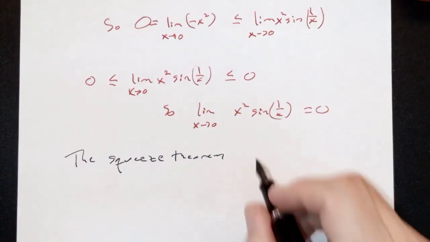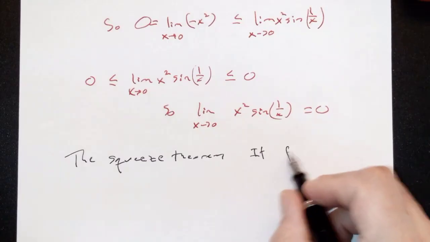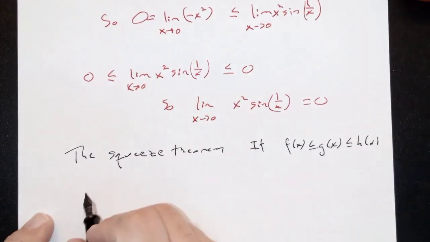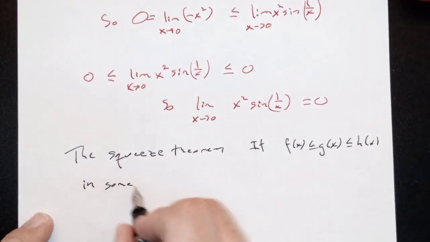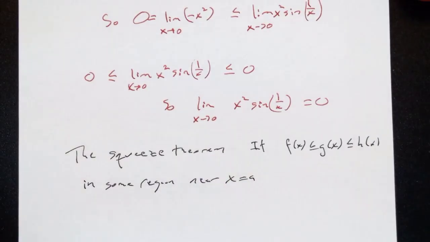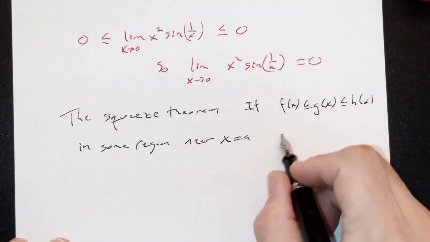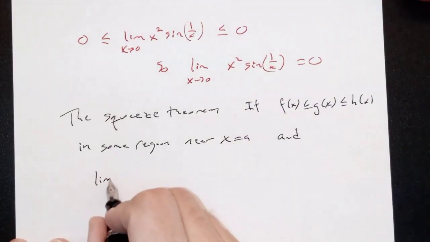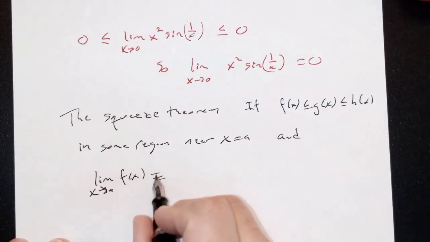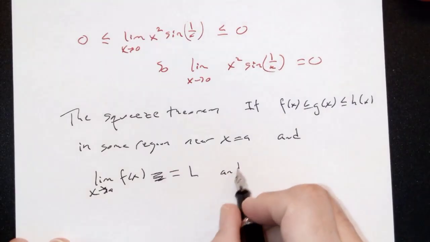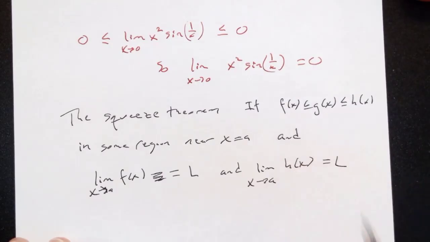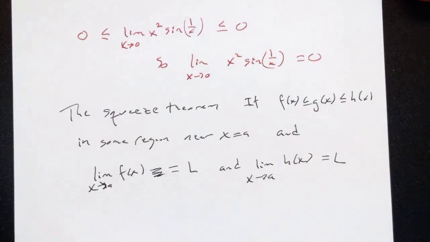The squeeze theorem. If f of x is less than or equal to g of x is less than or equal to h of x in some region near A, and the limit as x approaches A of f of x equals L, and the limit as x approaches A of h of x equals L, then the limit as x approaches A of g of x must also be L. F and h are the outside ones.